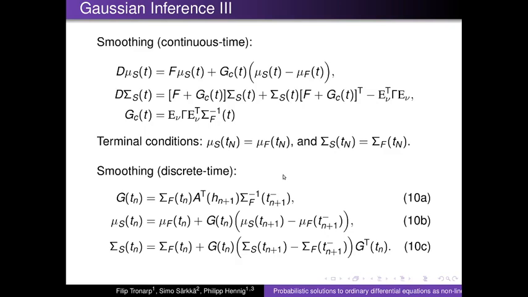And of course we can also solve this on the grid like this, so then we just compute the smoothing gain G, and then we make corrections to the filter mean and covariances like this, so we recurse from the terminal endpoint back to the region.